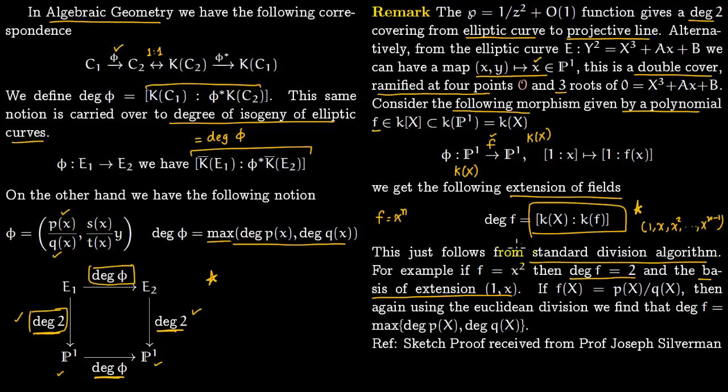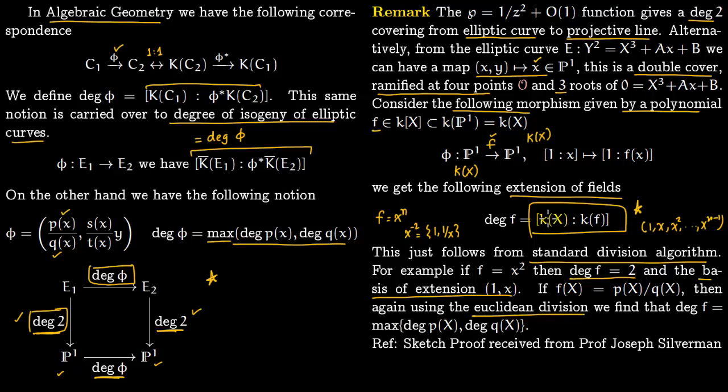Now what about rational functions? You can think of it dually. Instead of x square, you can think of it as x minus 2. Again, the proper thing would be to use the standard division algorithm, but heuristically you can see that the basis would be 1 and 1 by x. If f(x) is p(x) over q(x), then we have to use Euclidean division, because in this field you will also have rational functions.